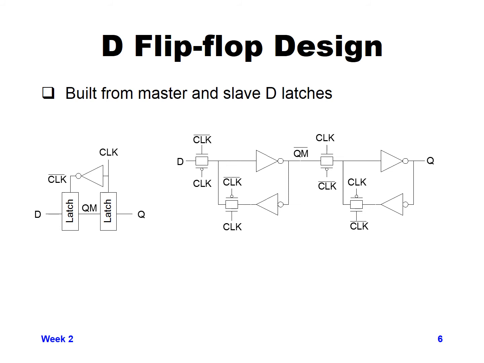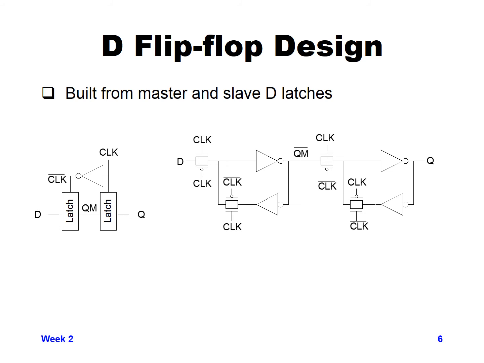What that winds up giving us is, when clock is high, that means clock bar is low, so that first D latch is closed and no value goes through. But when clock is low and clock bar is high, that first D latch allows the value to go through to QM.